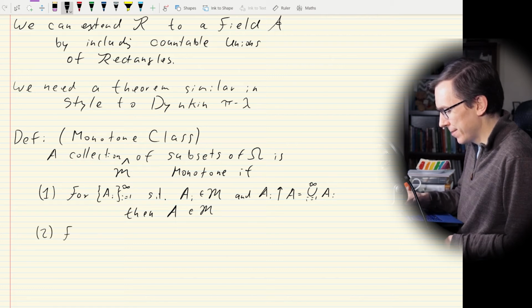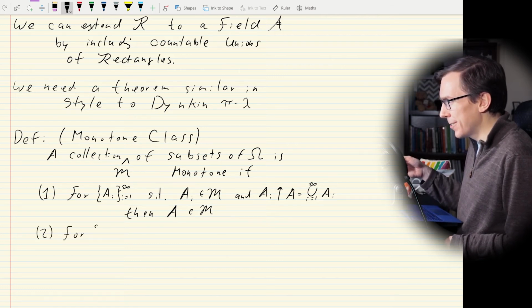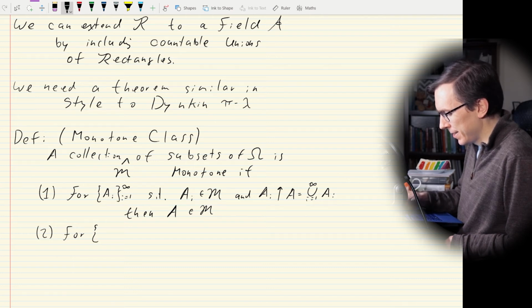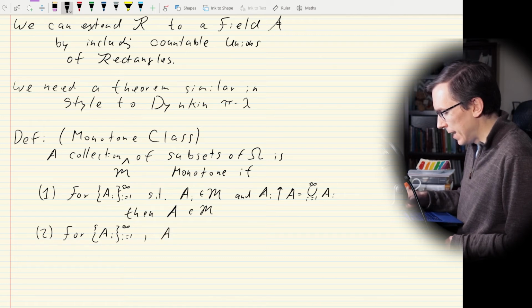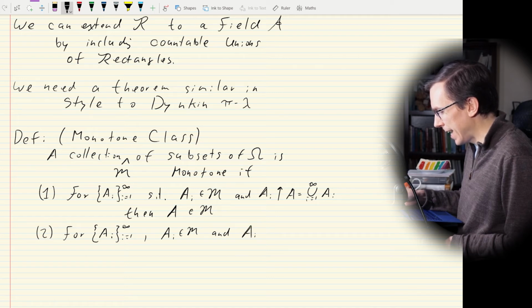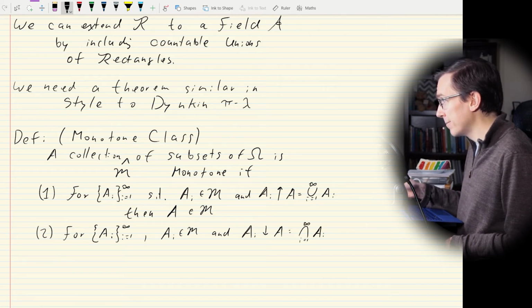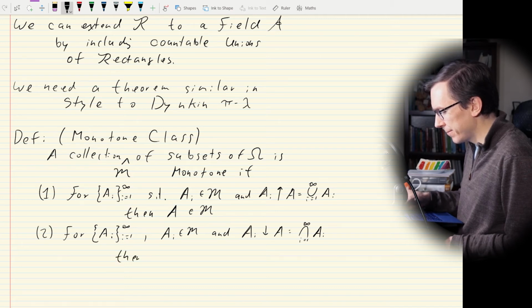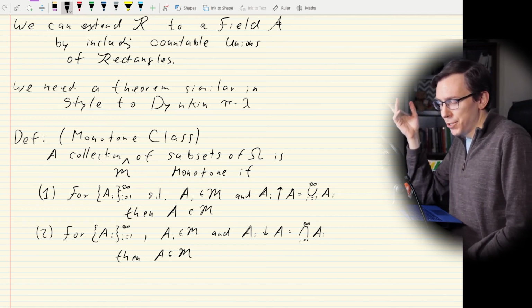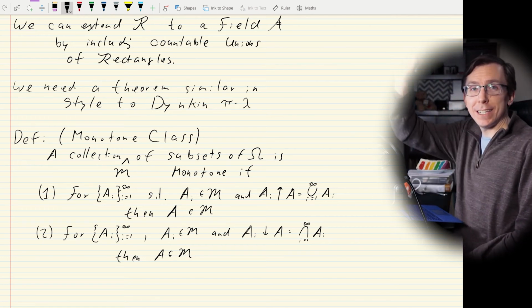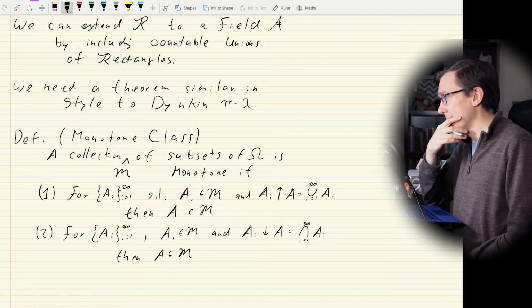It's also closed under decreasing sequences of sets. So for A_i in M, and the A_i are now decreasing to A, where this would be the intersection, i from 1 to infinity, of the A_i, then A is in M. So this is just two different closures. One is for increasing sequences of sets, one's for decreasing sequences of sets.